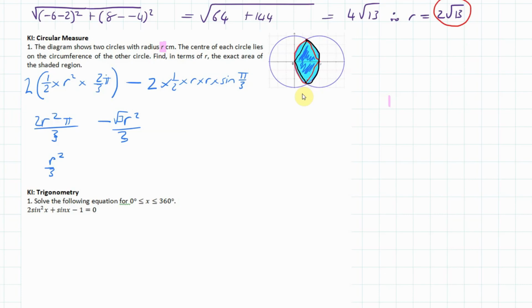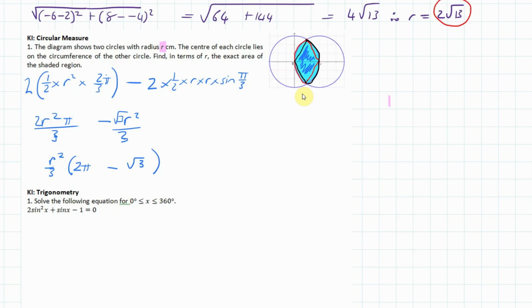I think I'm getting r squared over 3 into 2 pi minus square root 3. And I think that is the answer.